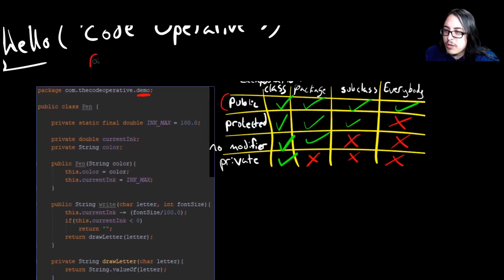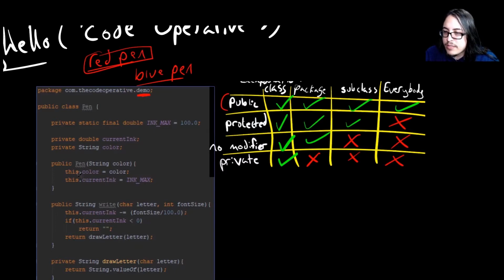So if we go back to our red pen, blue pen example, so the red pen is going to have its own level of ink and its own color versus the blue pen, which is obviously going to have blue ink in a different ink level. But they are both going to have the same ink max, and that's because it's held at the class level. It's not held by these individual instances of the class, the objects.